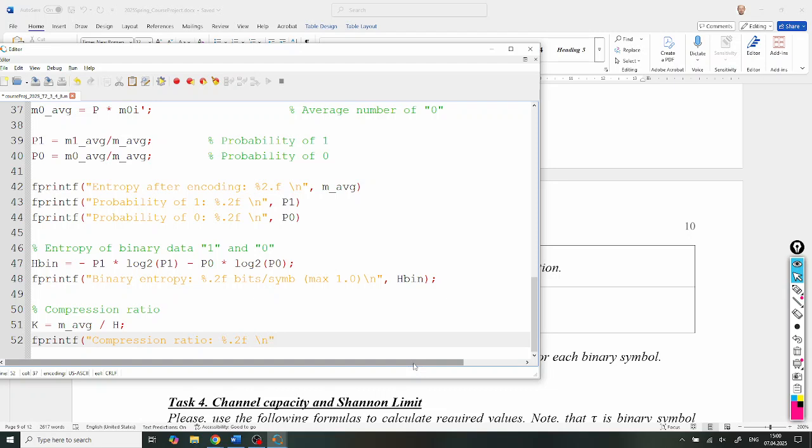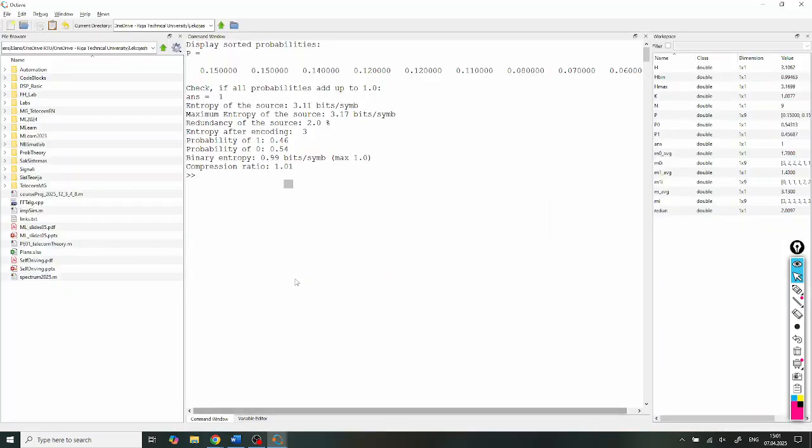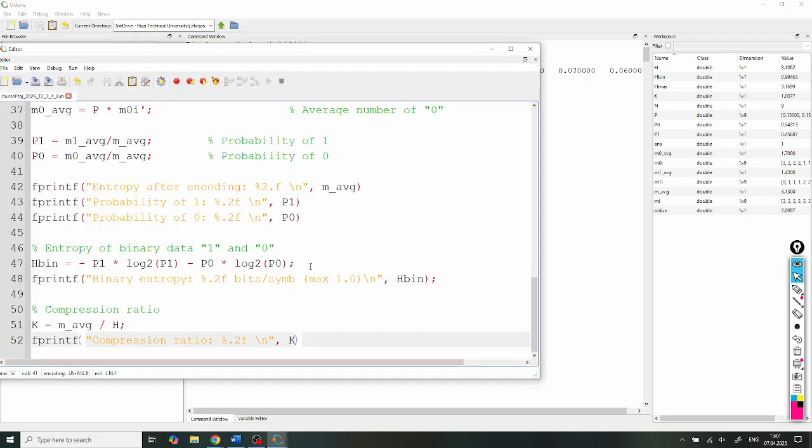Again, this is a dimensionless unit, yes, because it has the same dimensions for M average and entropy. But in our particular situation, as we can see, we actually didn't achieve quite a good compression rate. Or wait a minute. So 3 versus 3.11, something is not correct here.